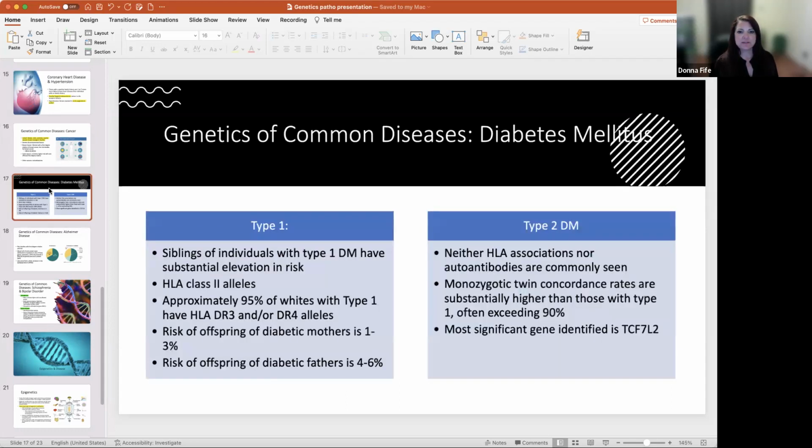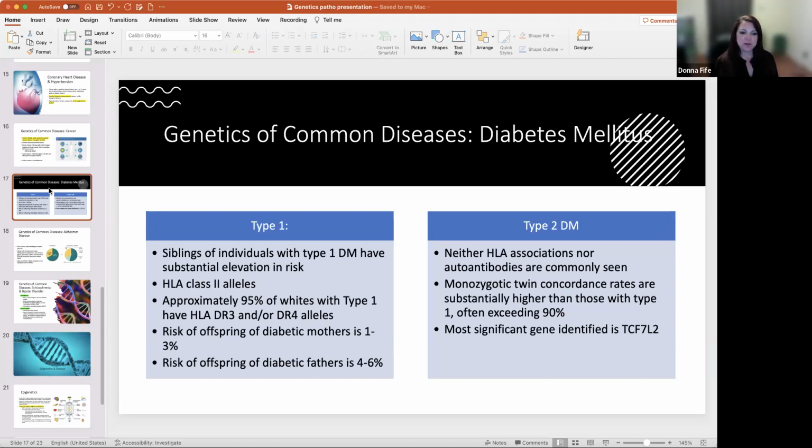Genetics of common diseases: diabetes mellitus. We have type 1 and type 2. Type 1: siblings of individuals with type 1 diabetes have a substantial elevation in risk. HLA class 2 alleles are involved, and approximately 95% of whites with type 1 have HLA DR3 and/or DR4 alleles.